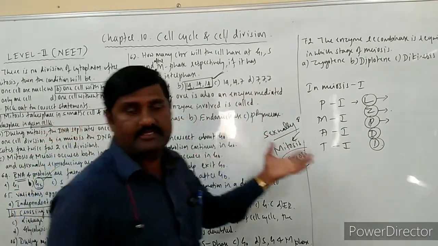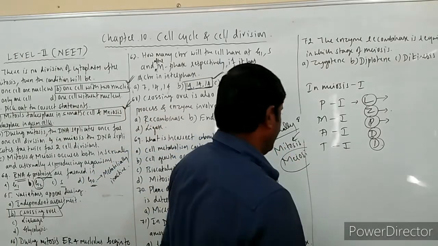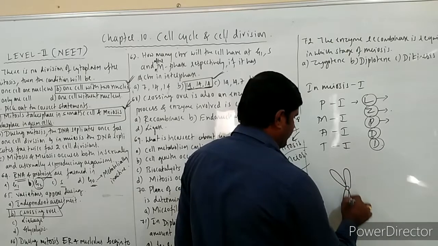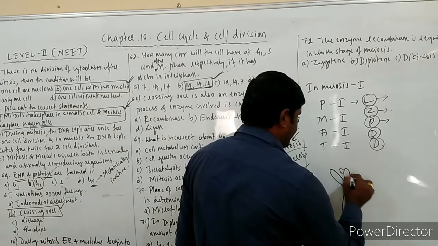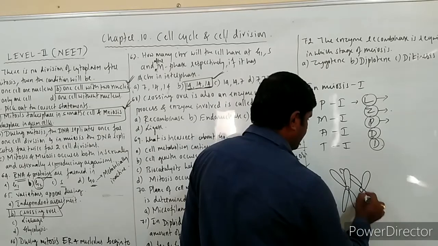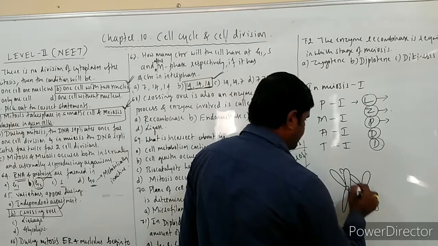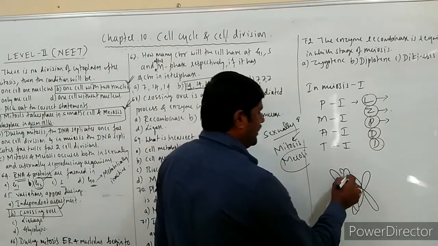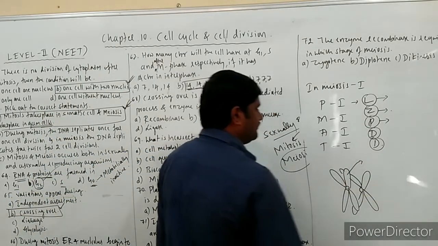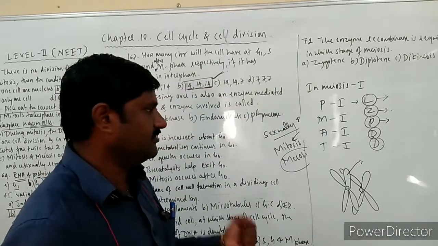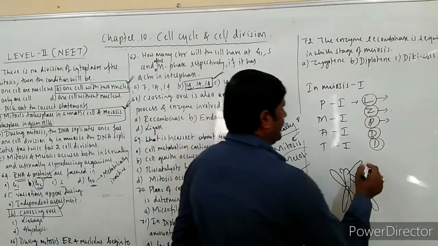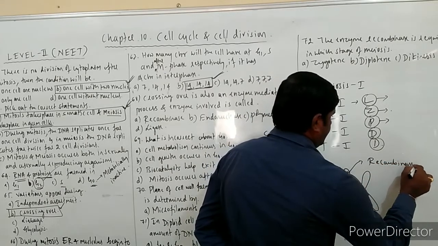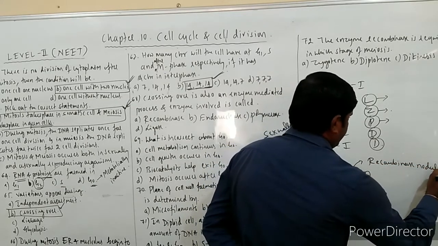Of course, an enzyme is needed for crossing over. As you know, two homologous chromosomes are lying very close to each other, and non-sister chromatids cross over each other, and there one of the enzyme complexes formed is the recombinase nodule.